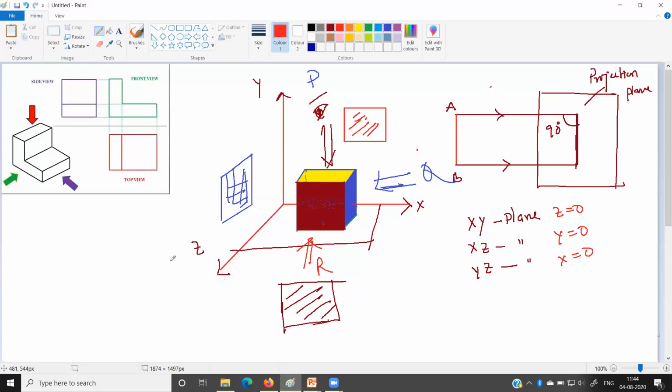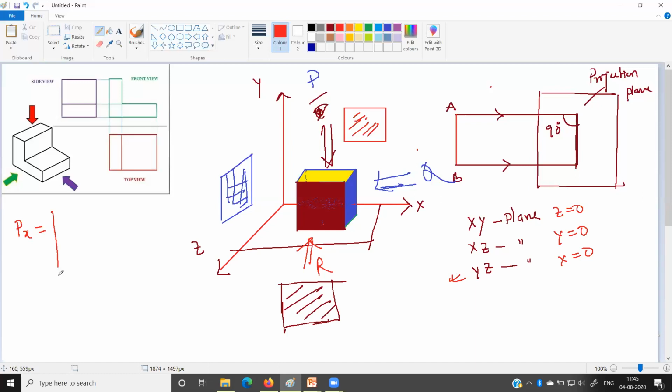Let us write down the transformation matrix. Let us call it Px, the transformation matrix for the yz plane, because the value of all x is 0.